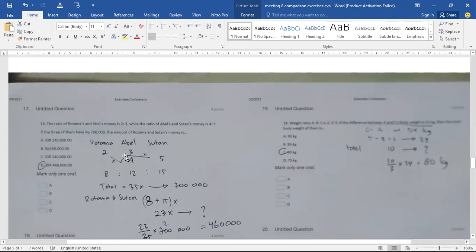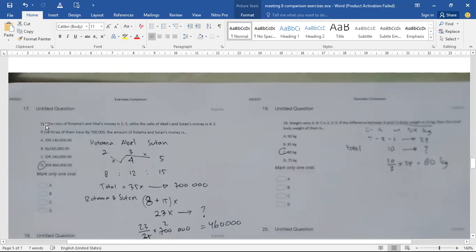How to do that? I can just write it like a line here, and then all the numbers connected with the line, we have to multiply: 2 times 4 is equal to 8, 3 times 4 equal to 12, and 3 times 5 equal to 15. So this is the ratio of Rotama, Abel, and Sultan if we do it together.